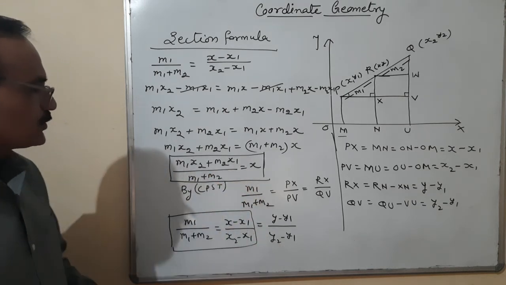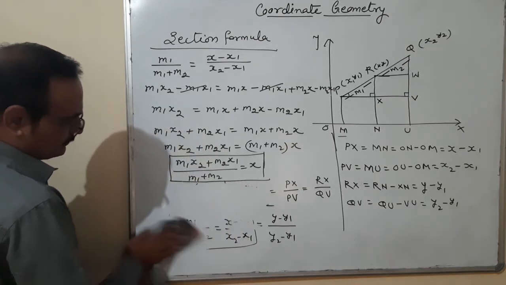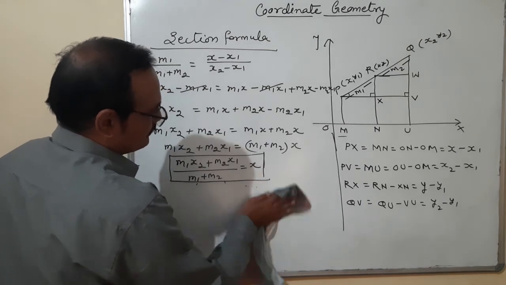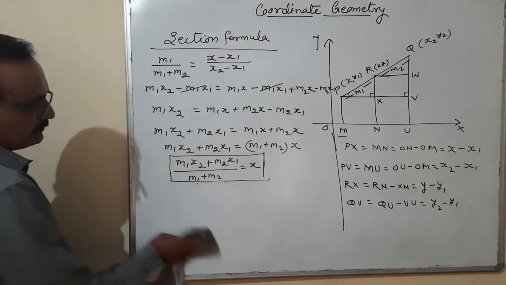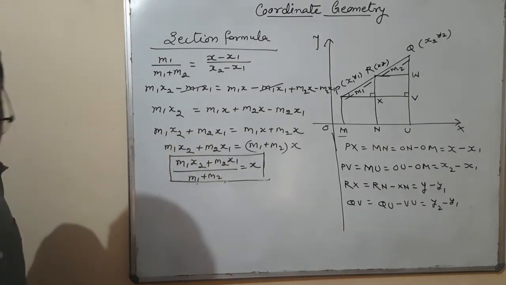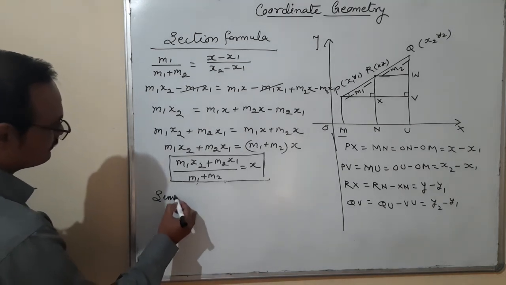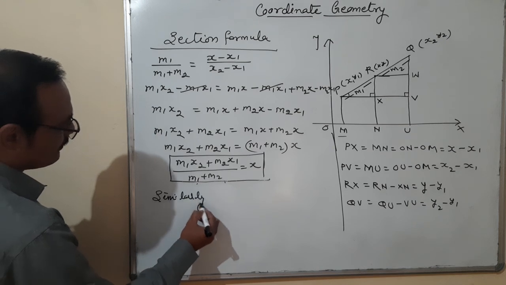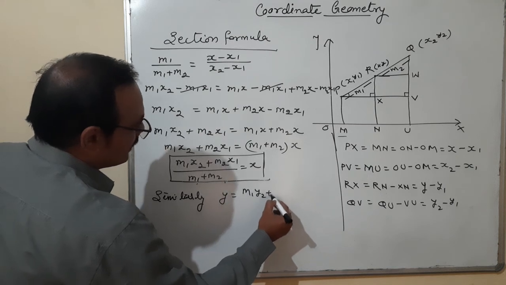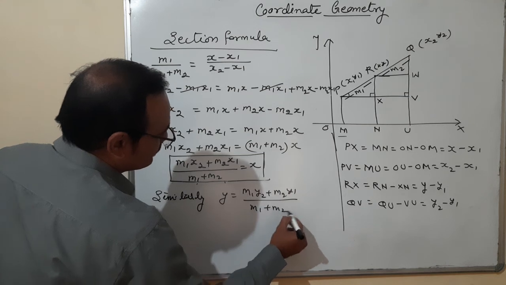So here I can write, similarly, y is equal to m1 y2 plus m2 y1 upon m1 plus m2.